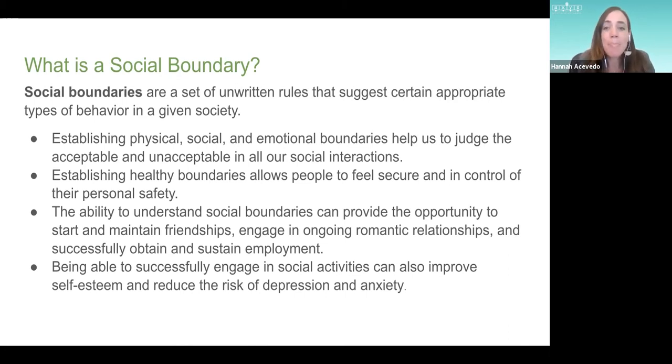But there are a subset of individuals where understanding social boundaries is really tricky and pretty complex. There's no book that writes them down or explains what they are, and so sometimes it can be really hard to understand what is acceptable or unacceptable.